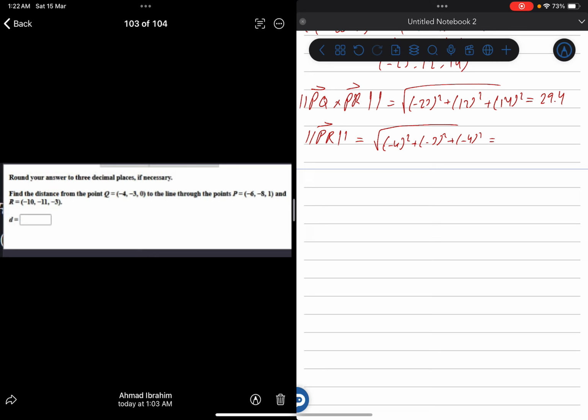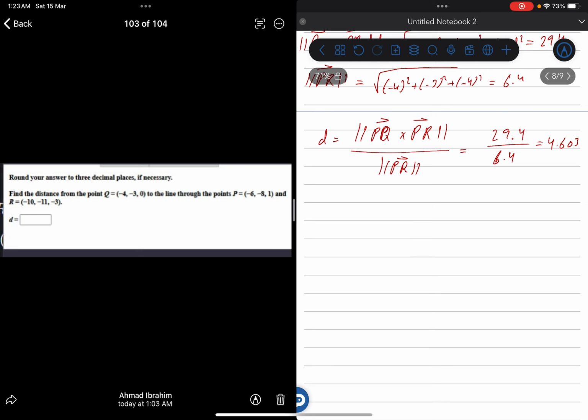It will be 6.4. And then we use the formula. So it will be 29.4 over 6.4. So it will be 4.603. So the distance is 4.603.